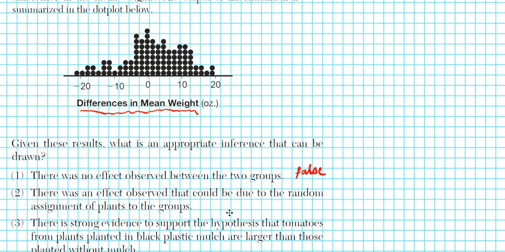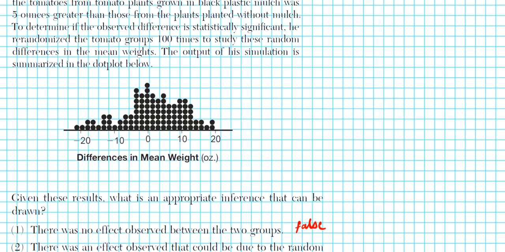Option 2, there was an effect observed that could be due to the random assignment of the plants to the groups. The question is, did the re-randomization of the data result in a change in the dot plot or the average?